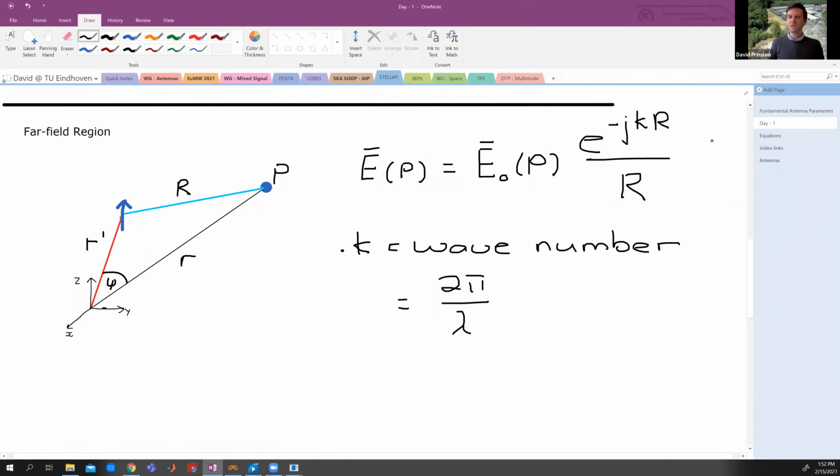The way that this phase term works is, for example, if the electromagnetic wave has propagated a distance, say r equals lambda, then k multiplied by r just becomes 2 pi in radians. So the wave has then propagated 360 degrees or has undergone a phase shift of 360 degrees across the distance r.